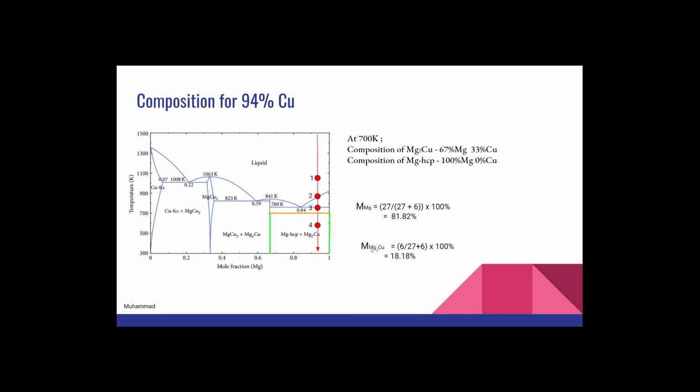And then the composition for Mg2Cu is B over B plus A times 100%, which is 18.18%.